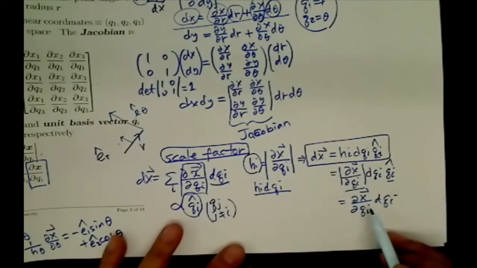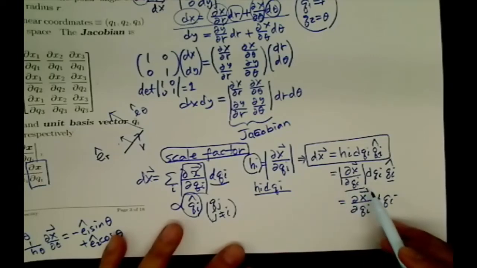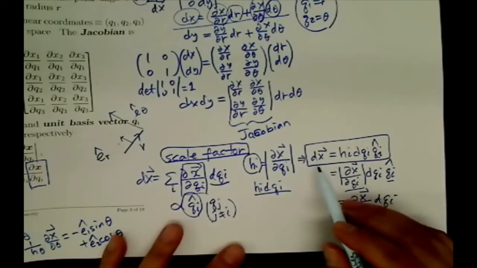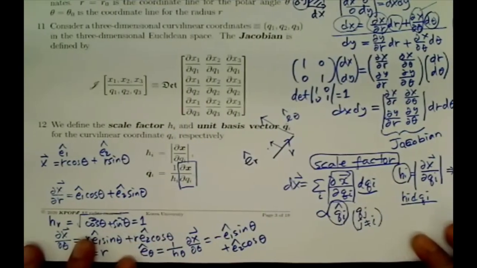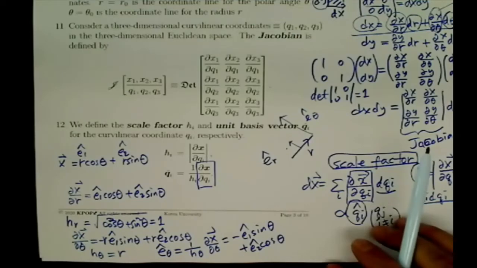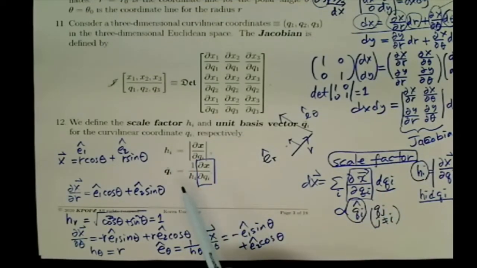This one has its own direction, but its magnitude magnifies the coordinate difference to make its dimension a length. That's quite important. So the scale factor hi can be obtained in this manner, and once you obtain the scale factor, you just divide by it to find the unit vector along the curvilinear coordinates.